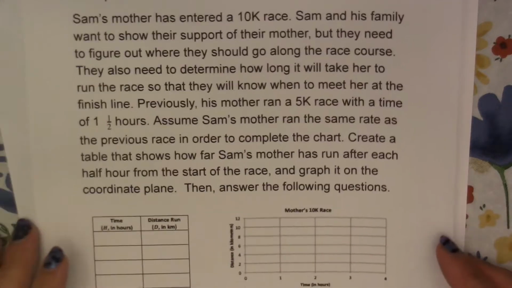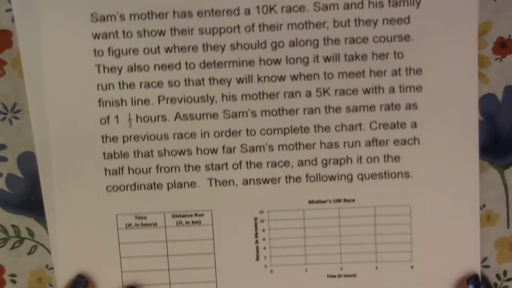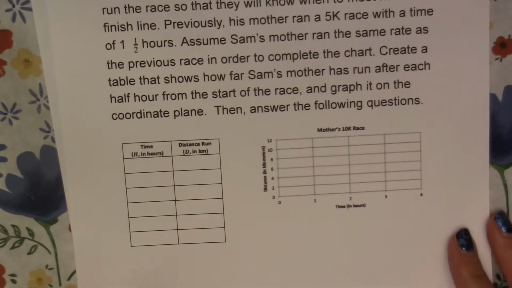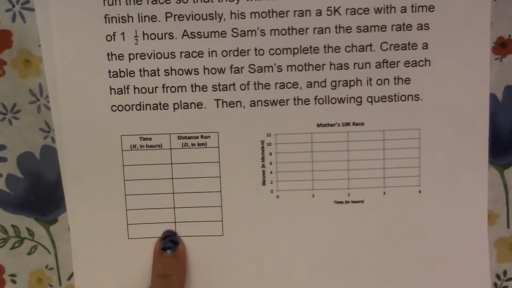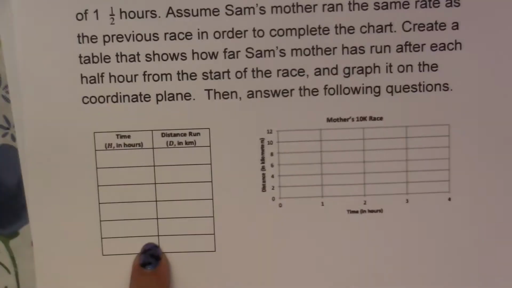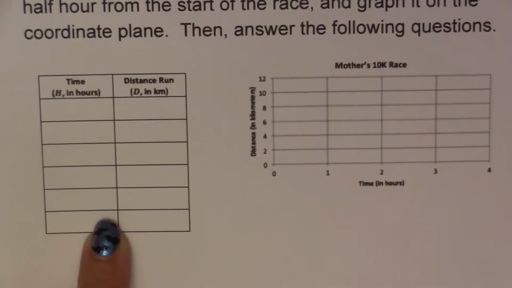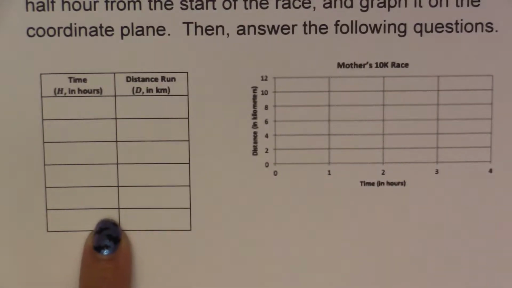All right, so we are going to start with filling in what we know from our problem into our table. I'm going to try to zoom in just a little bit so you can see that table and graph. It's a little small. All right, let's use this one.